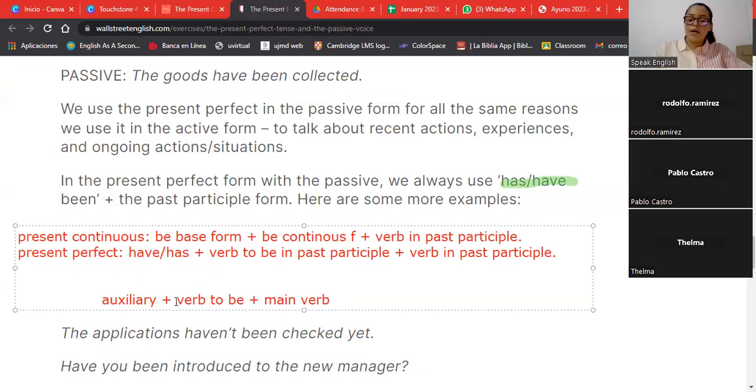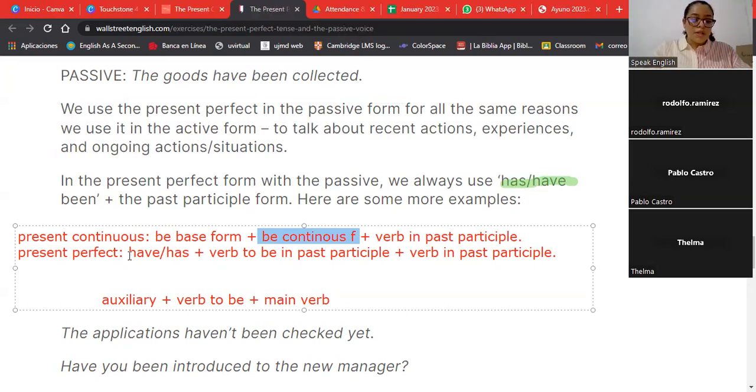Now, this is the rule, right? This is the typical rule. If we have the verb to be in the present simple form, the main verb has to go in the ing form. Okay? Estas son las reglas prácticas de cada verbo, cada tiempo verbal. En el presente continuo, la estructura usual es verb to be plus verb ing.